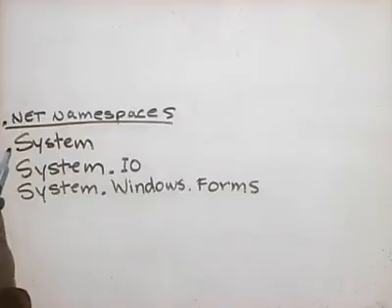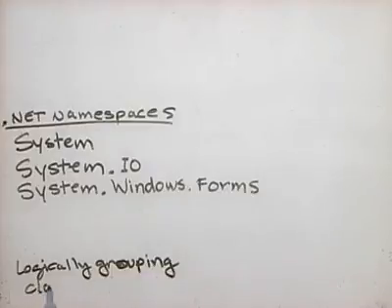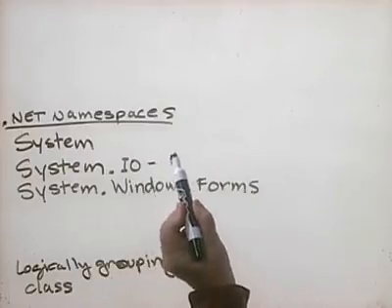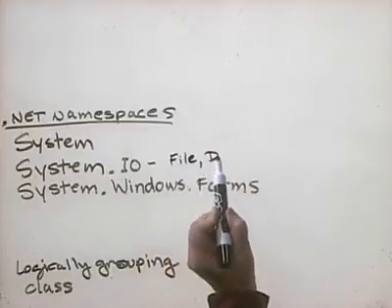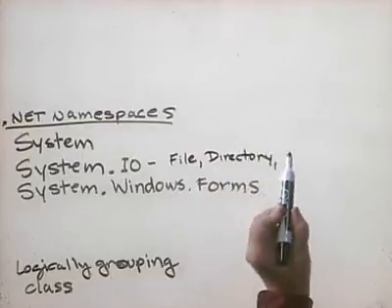Now, a namespace is a way of logically grouping classes together. So, for example, in system.io, you're going to have classes that have to do with I/O, like a file class, or a directory class, or stream classes.